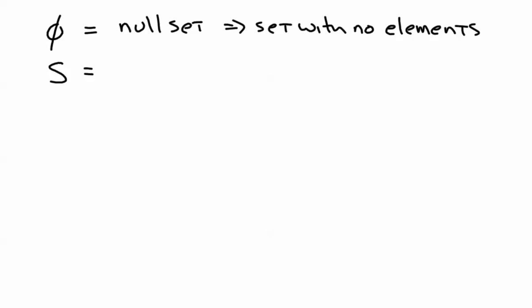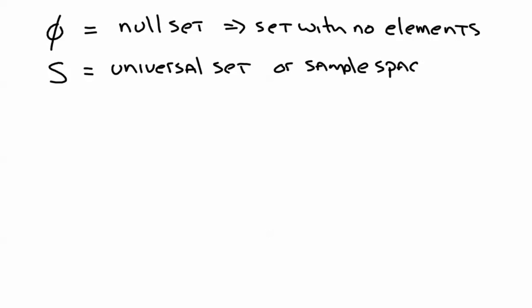In set notation, capital S is usually referred to as the universal set. All right, and as before, S being the universal set, that's the certain event.